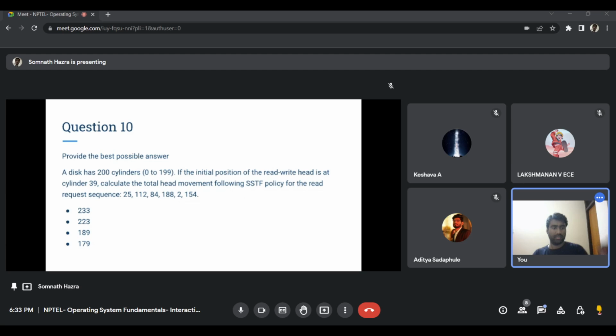This is the sequence of requests. The simplest would have been FCFS, where after 39 it would have gone to 25, then 112 in this sequence. But it is shortest seek time first. So I'll give you a few moments to calculate the answer. I'll give you 5 minutes.